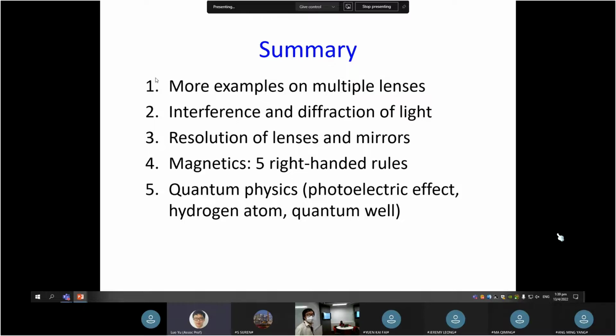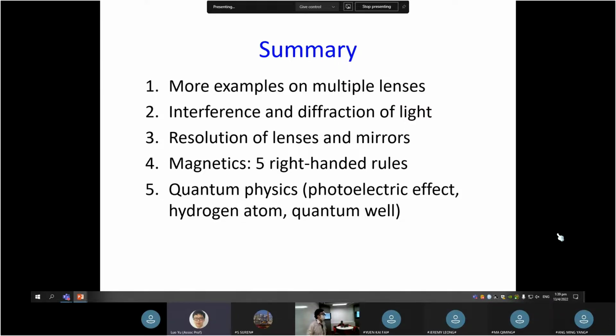Especially for optics, some students in the consultation session mentioned that wave optics is still very difficult. So I collected information from the students and found that the diffraction of light and the resolution of an optical system are what confuse you most.